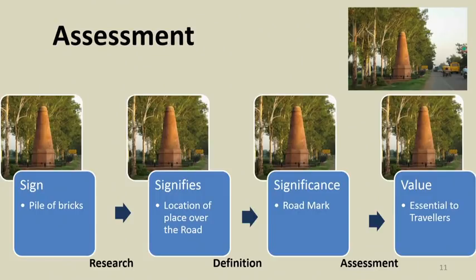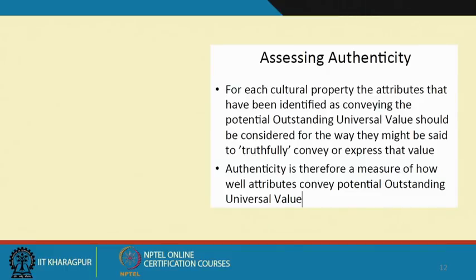So, this assessment, based on the research and the definition, in a particular context, is a very important process of establishing the authenticity. Assessing authenticity means that for each cultural property, the attributes that have been identified as conveying the potential value are considered.